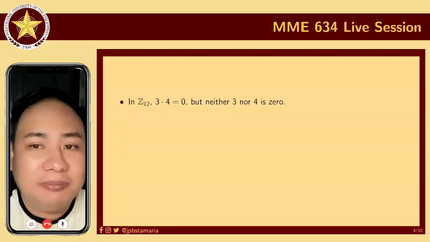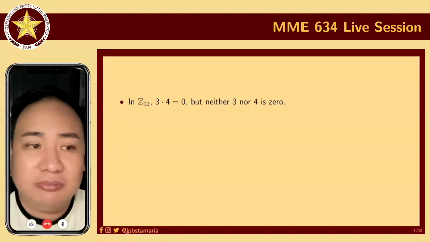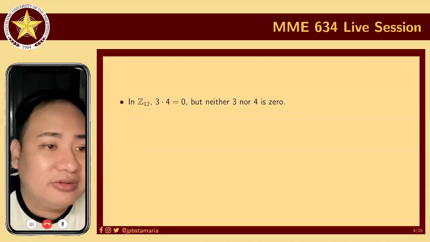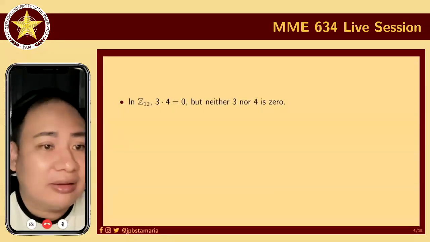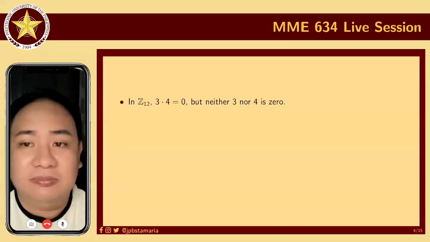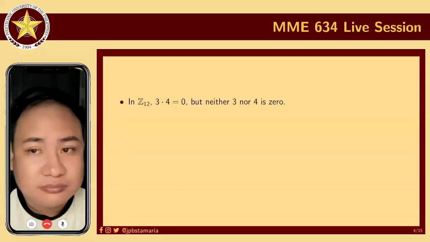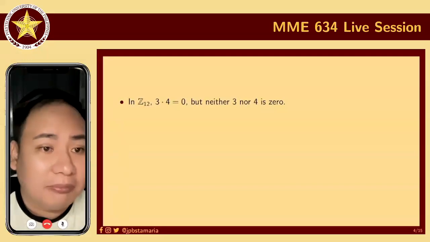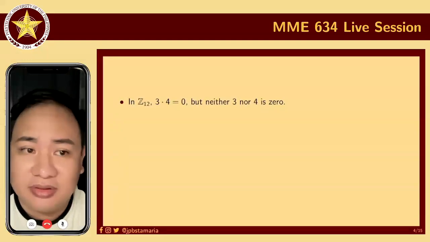For example, 3 times 4 in the normal number system is 12, but then we're doing it modulo 12, and since 12 is divisible by 12, the remainder is 0. That's why 3 times 4 is 0. So in other words, in the ring Z sub 12, 3 times 4 is 0, but as you can see, neither 3 nor 4 is 0.